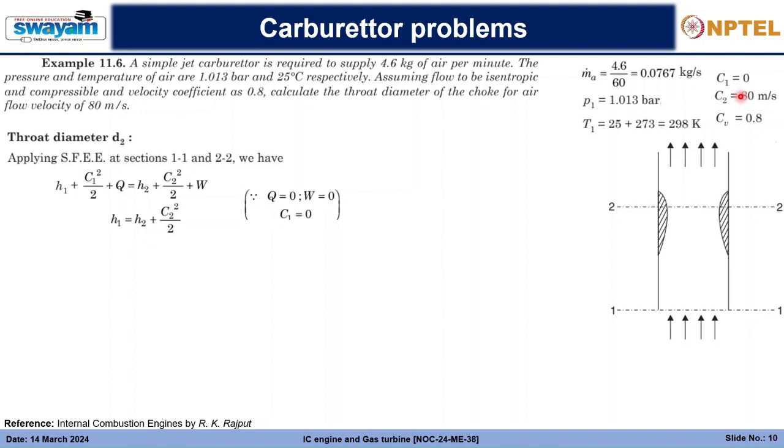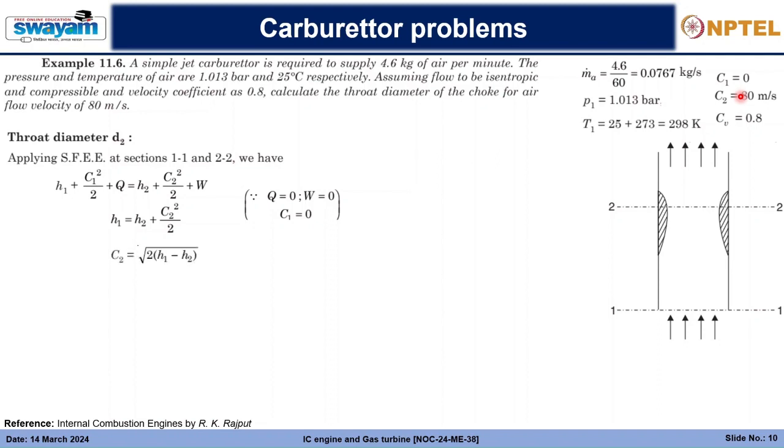So the equation reduces to H1 equals H2 plus C2 square by 2. Why are Q and W 0? There is no work output here, and the flow is isentropic. Isentropic means there is no energy transfer through the system's boundary, that's why Q is 0.